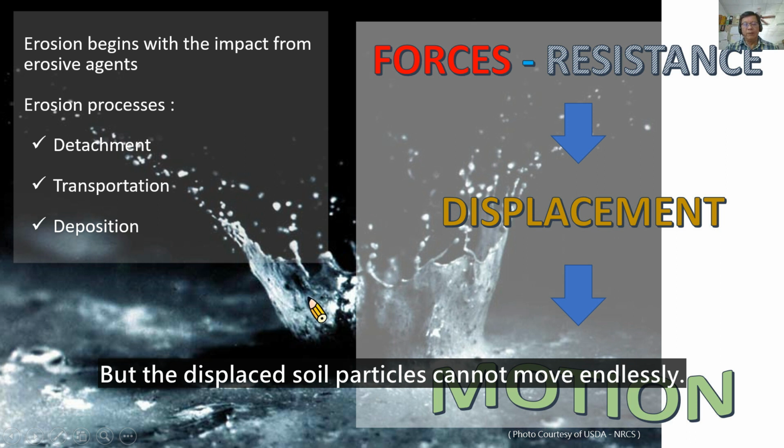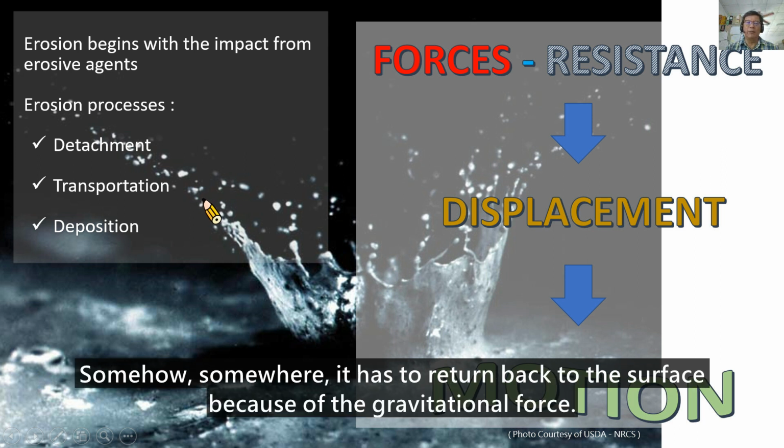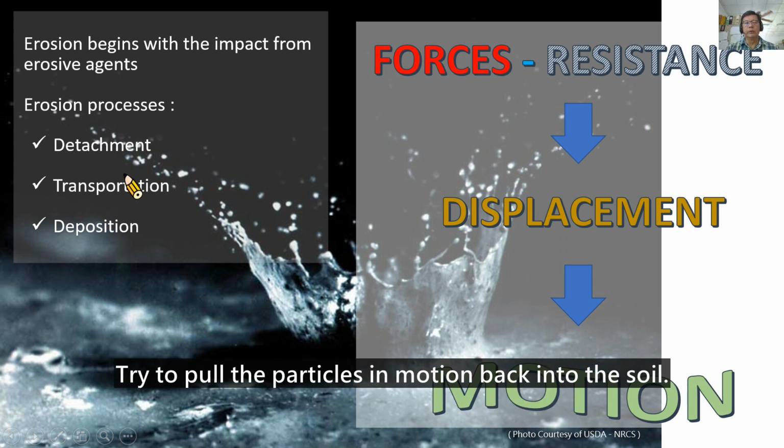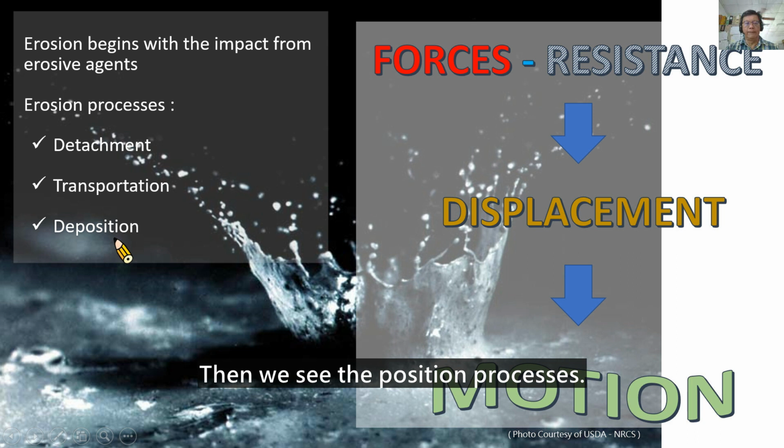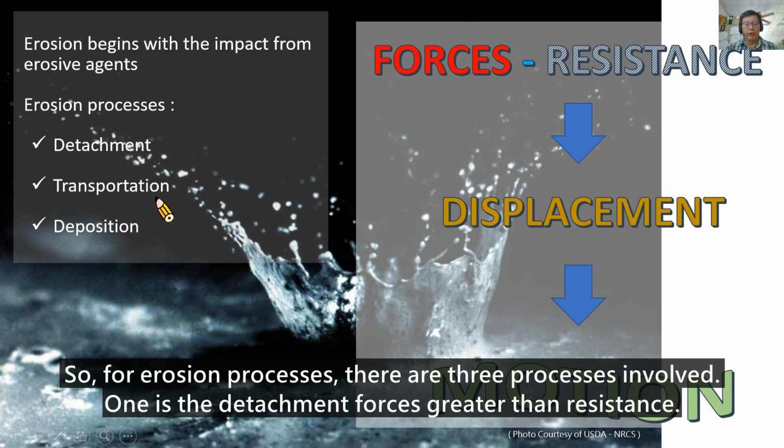But the displaced soil particles cannot move endlessly. Somewhere, it has to return back to the surface because the gravitational force tries to pull the particles in motion back into the soil. Then we see the deposition process. So for erosion, there are three processes involved. One is the detachment, force greater than resistance.